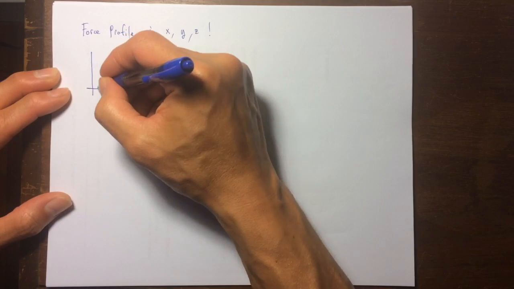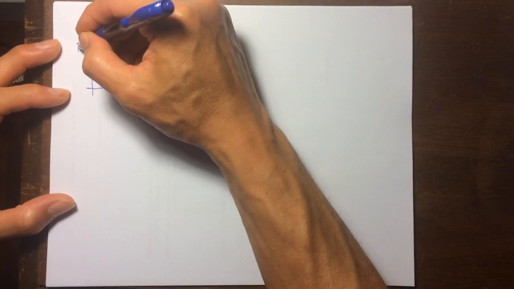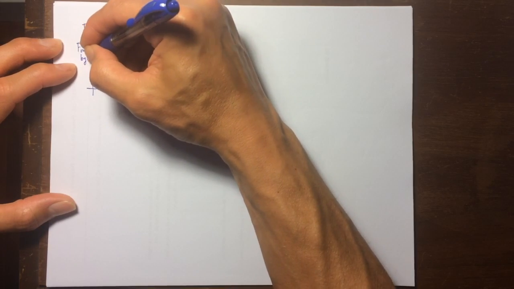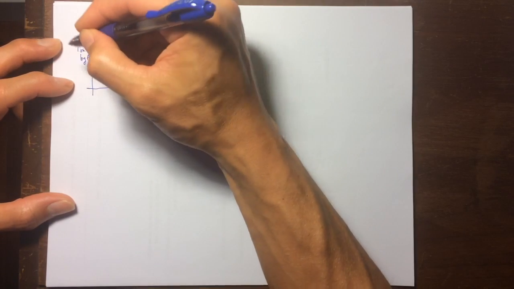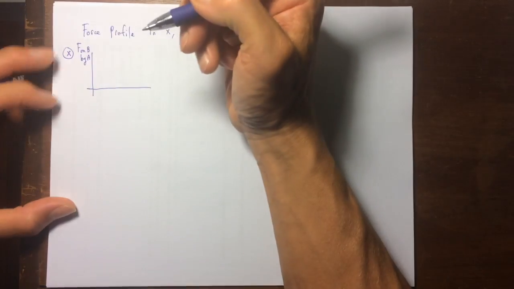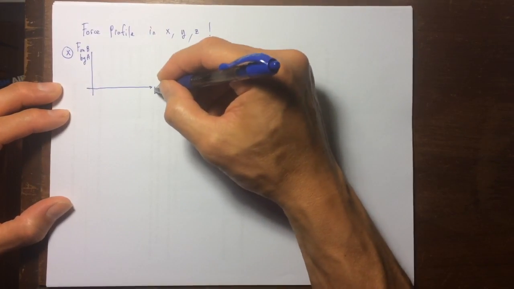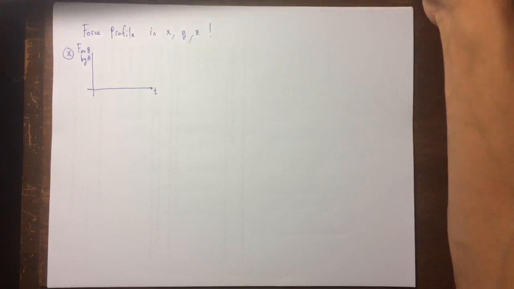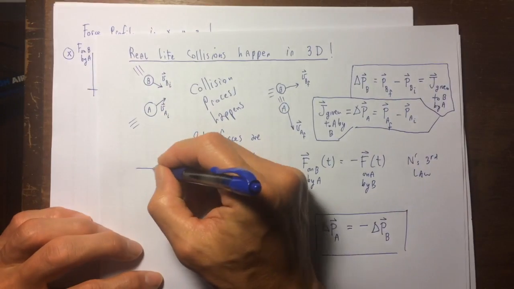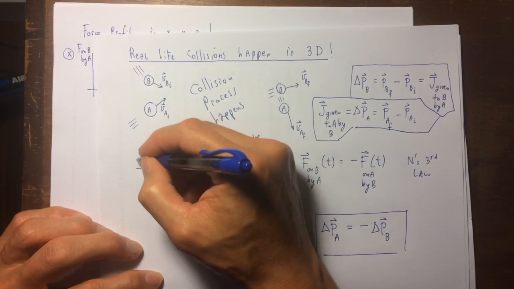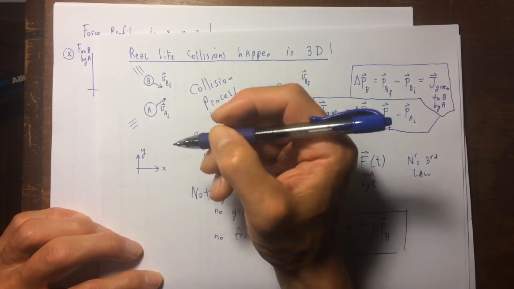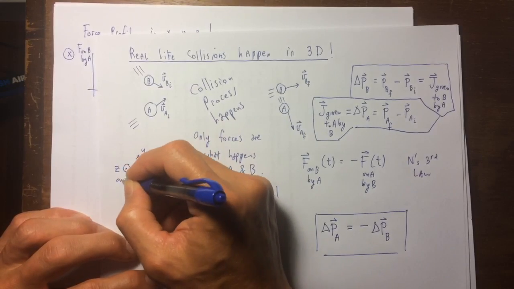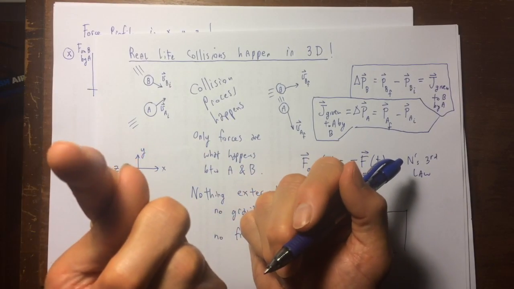So say this is the force on B by A in the X direction as a function of time. Let's look at this. If the X direction is this way, let's say the Y direction is this way, and the Z direction is out of the page up towards you.